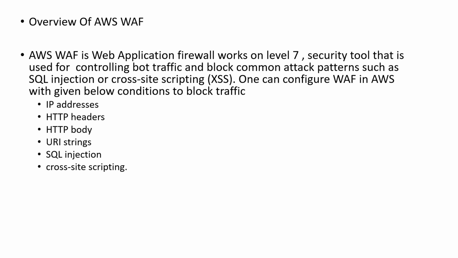AWS WAF is a web application firewall that works on level 7. It's a security tool that is used for controlling bot traffic and block common attack patterns like SQL injection or cross-site scripting. We can configure WAF in AWS with the conditions given below to block traffic.